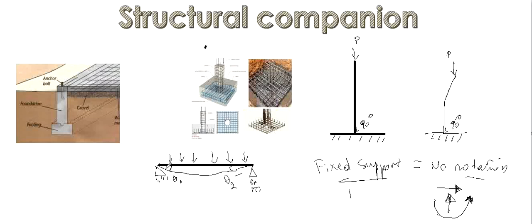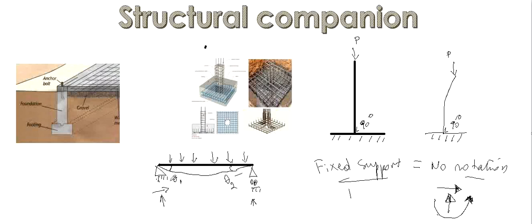So why don't we have any moment here? Because as I said before, this is a hinge support and this is a roller support. So here the only reactions you have are a vertical one and a horizontal one. Here only a vertical reaction because it can move. So here there's no moment because rotation is allowed.